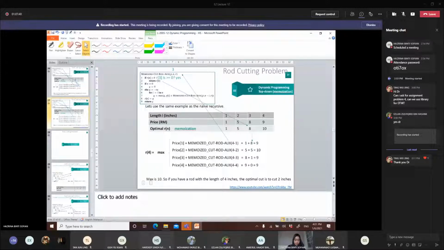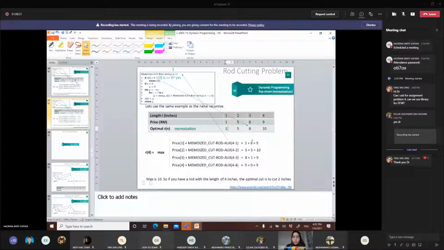And lastly, if we have a rod of 4, first is this scenario, where the first cut is 1 cm. So price 1 is 1 ringgit. P1 is 1 ringgit.